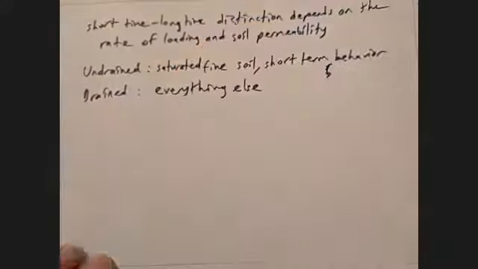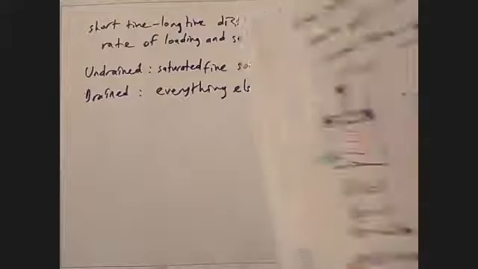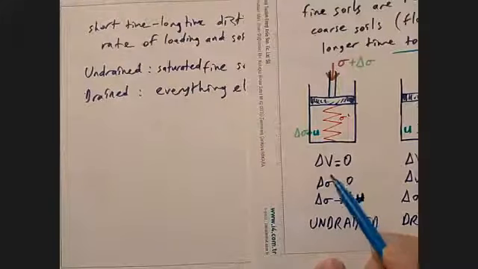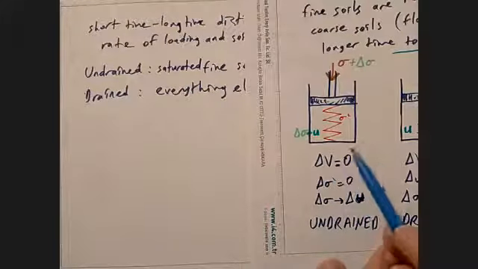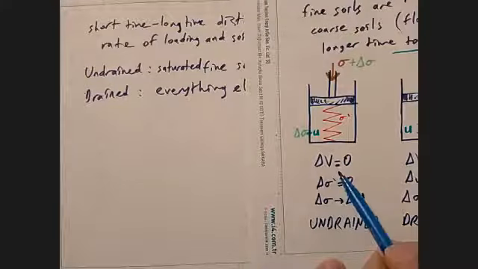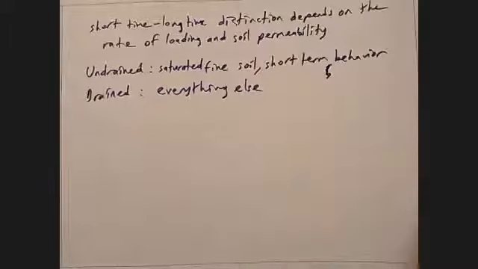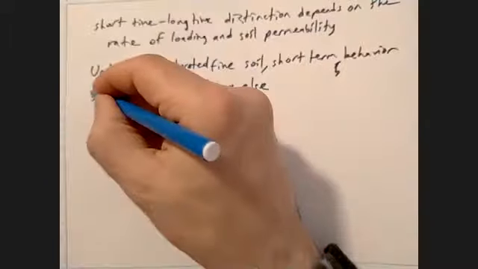And for this to work, you have to be preventing the volume change, or the soil has to be unable to change its volume. So it has to be saturated. Otherwise, if you have air, then you can always compact the soil.